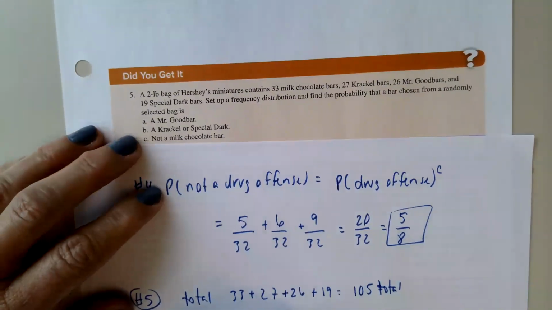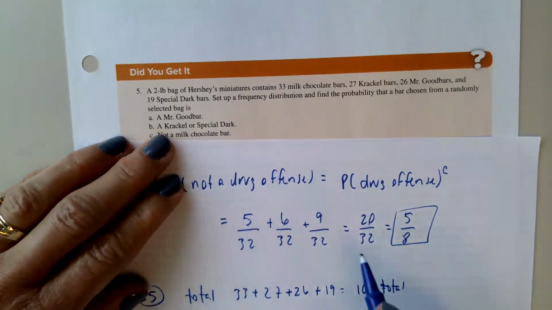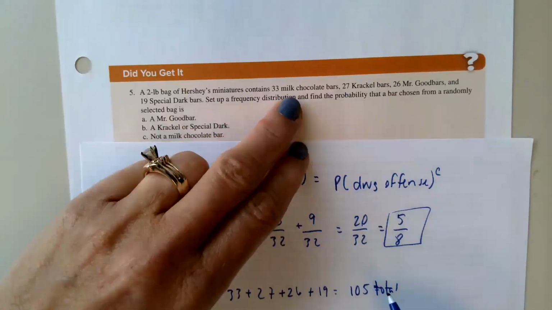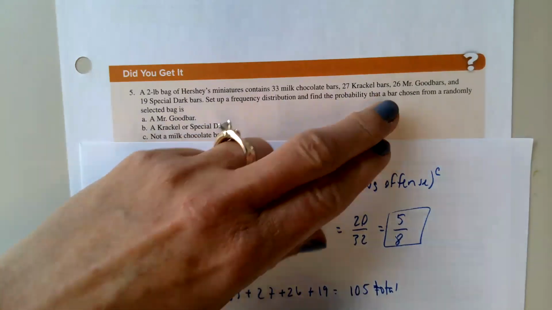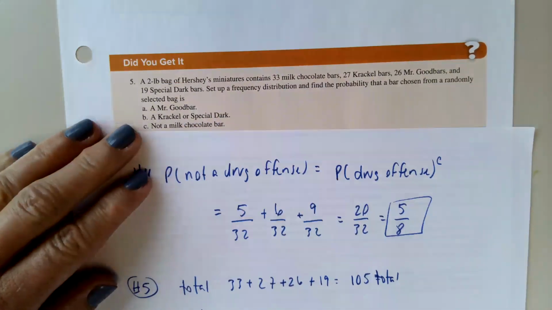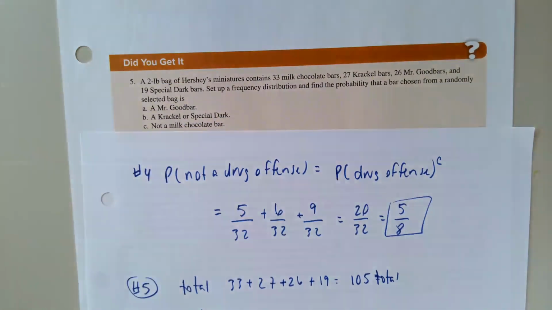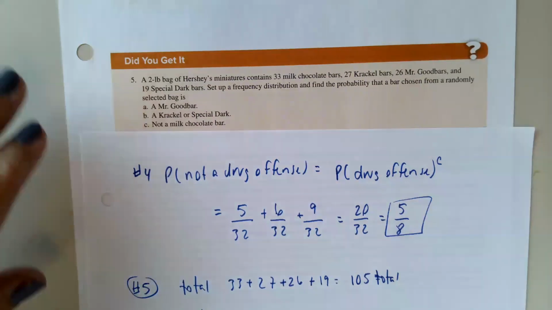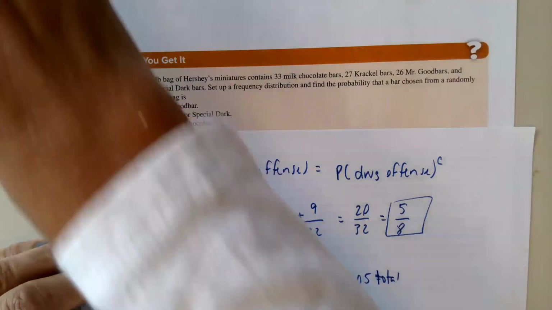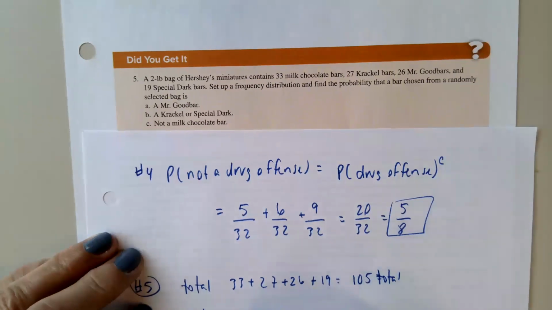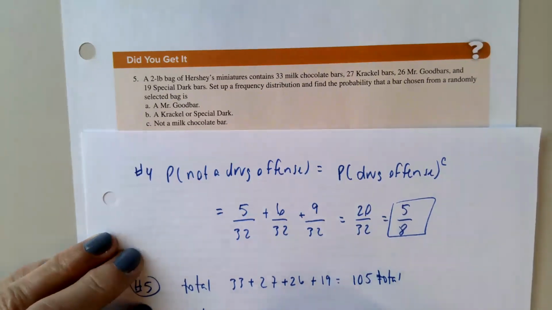So A for the Mr. Good bar would be the 26 out of the 105. And if we looked at that on Desmos, that comes out to be, rounding to 3 decimals, 0.248.